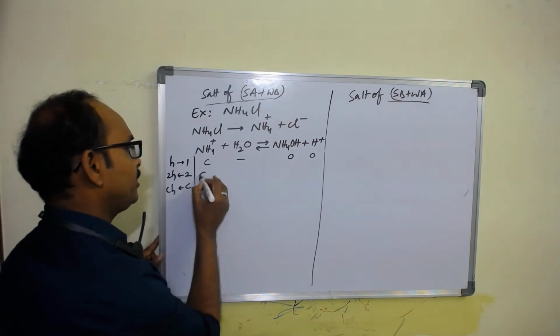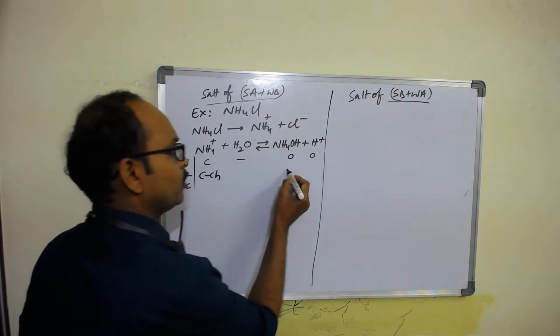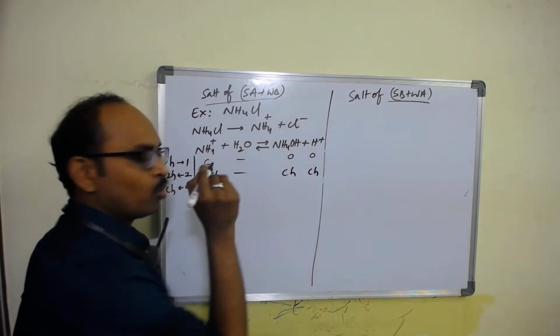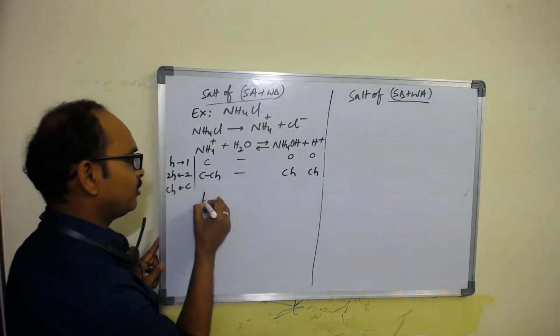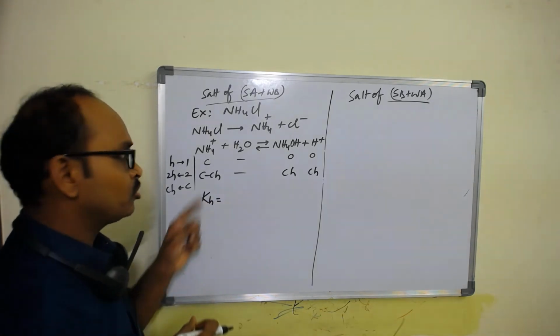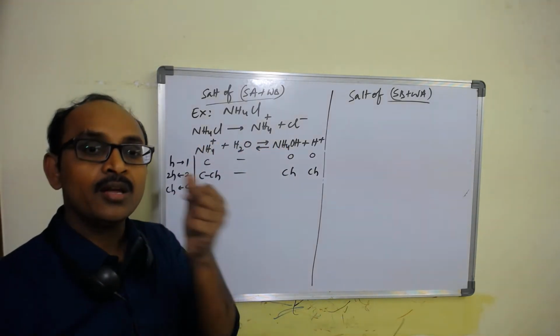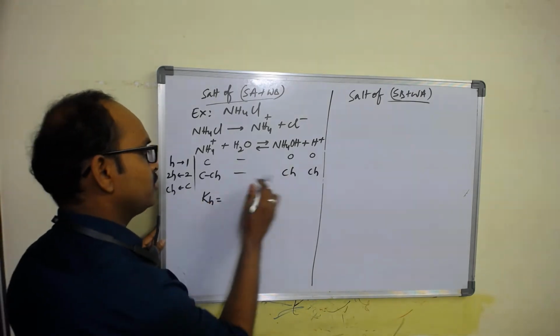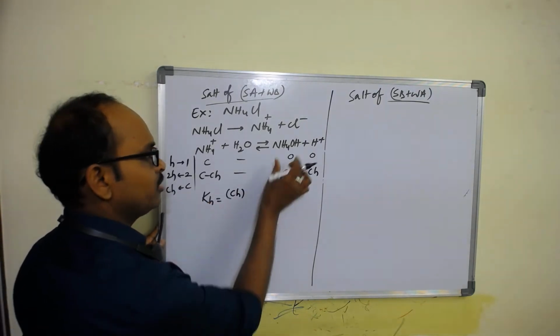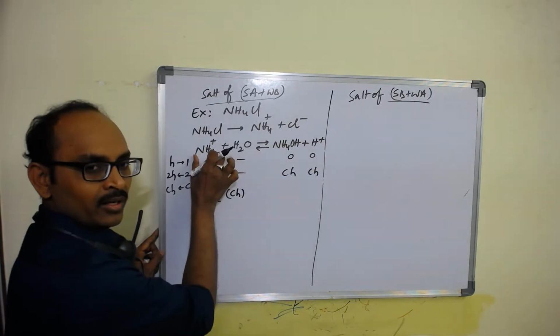C minus Ch, and this will be Ch and Ch, and water I have ignored. Then I take the Kh expression for this. What is the Kh? Because it is the hydrolysis reaction, the equilibrium constant is Kh, which is equal to this, Ch into Ch by this one, right?